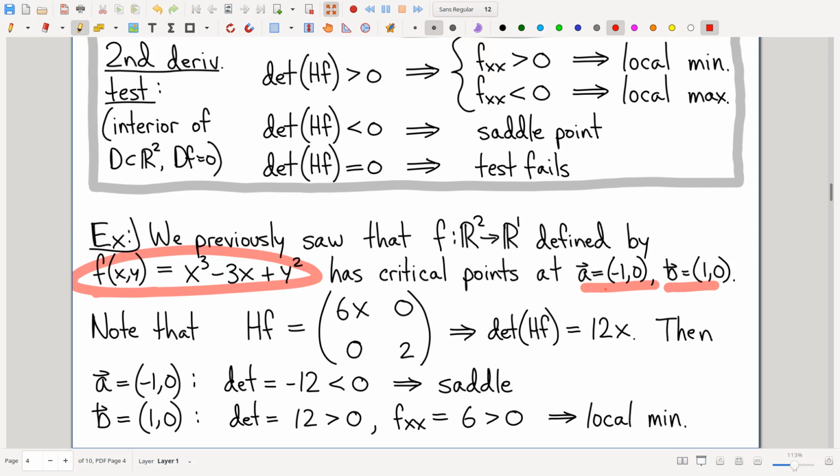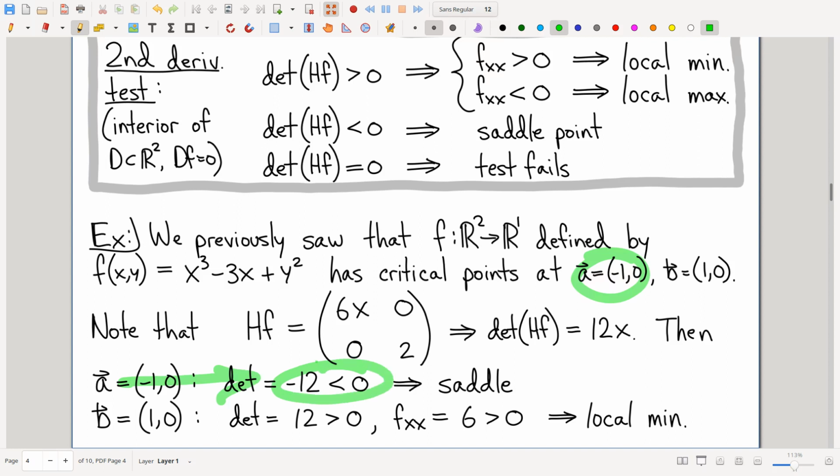Here's how we can tell, at least in this case. I'm just going to follow the rules. And let's see here. Here we go. We will start with this first point. Plug it in to see what the Hessian determinant is, and it is negative, which means saddle. Again, that's the dream scenario. That's what makes it the easiest to work out. So, handy.